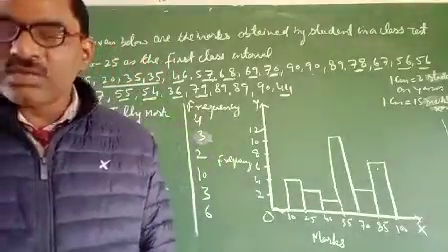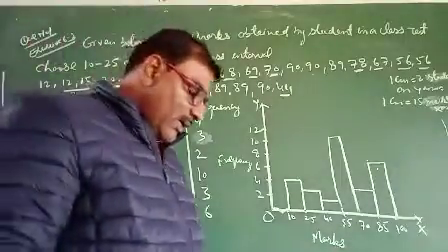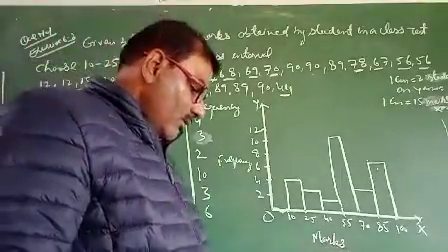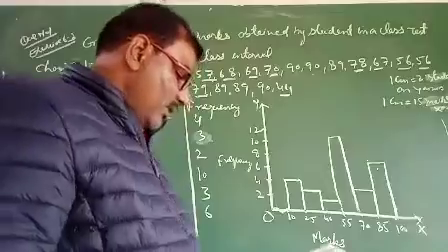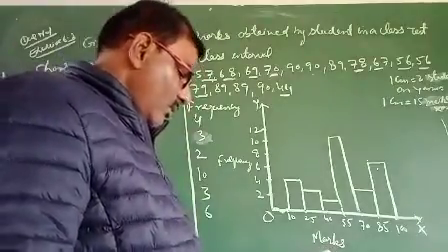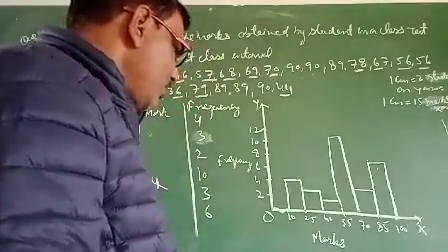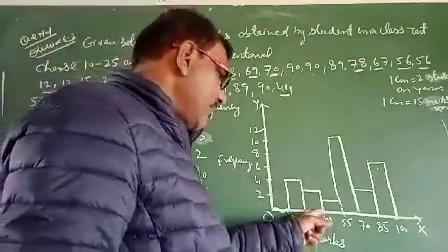In this histogram, you have to find out: if the passing mark is 40, how many students did not understand the lesson?